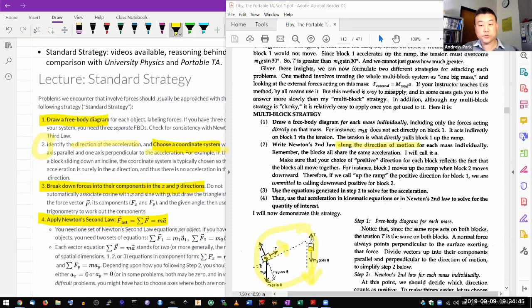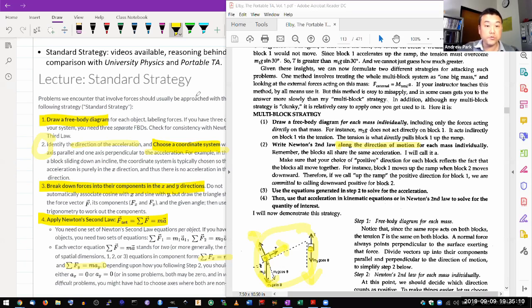And in order to write down Newton's second law along those directions, when forces are either along that direction or perpendicular to it, you have no additional work to do. But sometimes you will have some forces that are not in one or the other direction, but kind of diagonal. It's a combination of both directions.